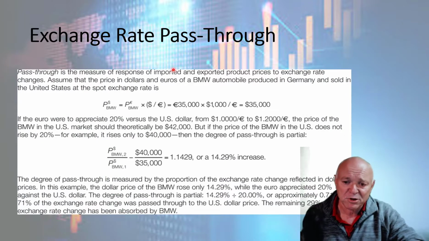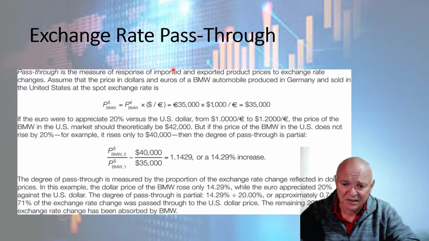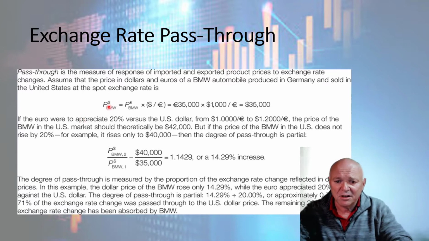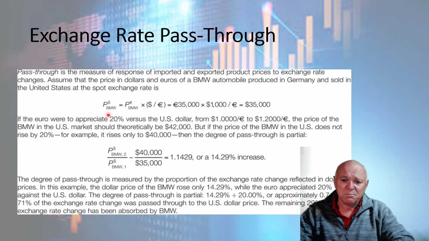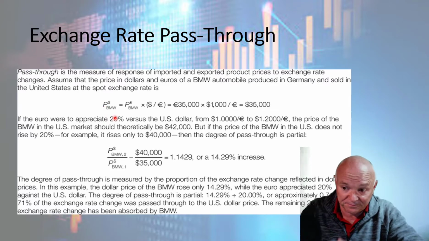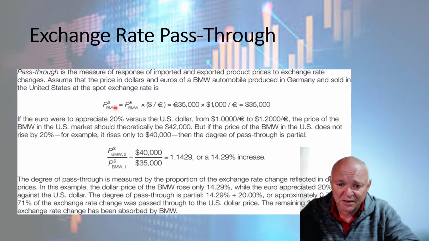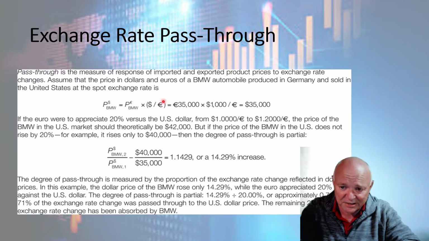Here we've got a measure of pass-through, and you'll see the main equation here. We have a company, BMW, that wants to sell its cars in the United States. And at the time that we look at this, the dollar price of a BMW is going to equal the euro price of the BMW times the US dollar to euro spot rate.